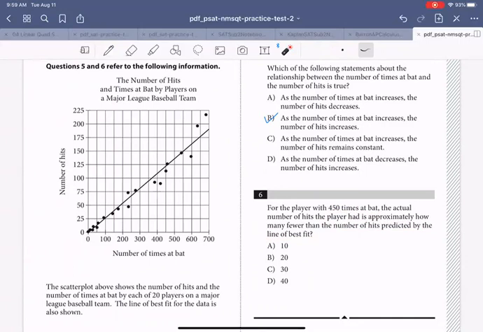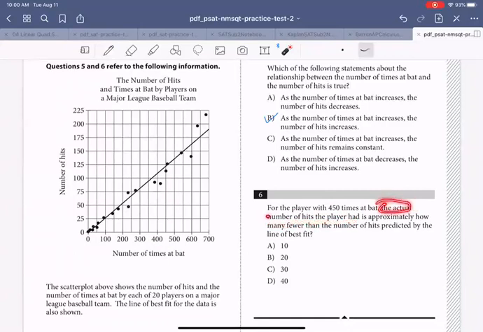This question is more likely a reading question rather than a math question, okay? So you read it this way. For the player with 450 times at bat, this is 400, this is 500, this is 450, okay? What's the actual number of hits the player had?